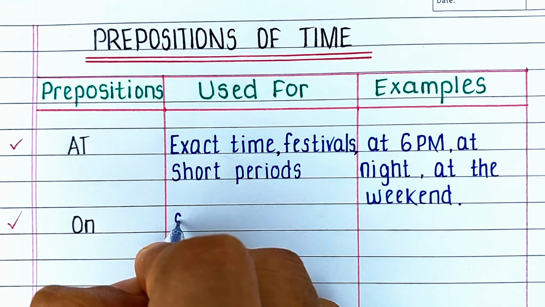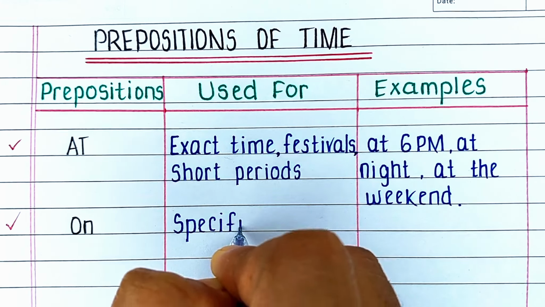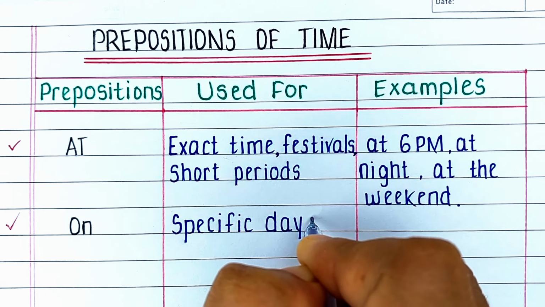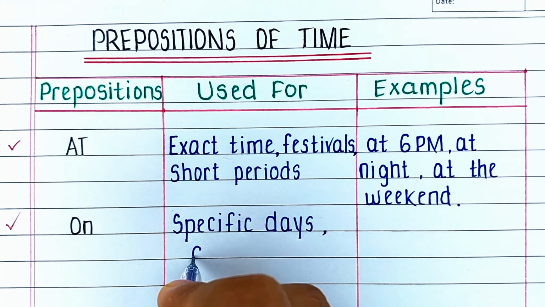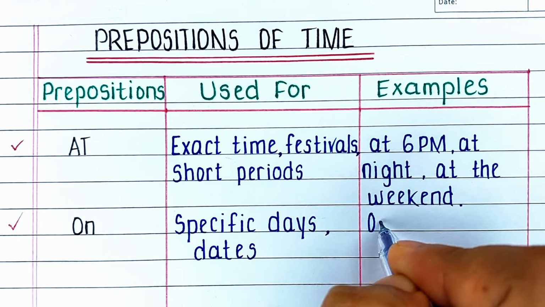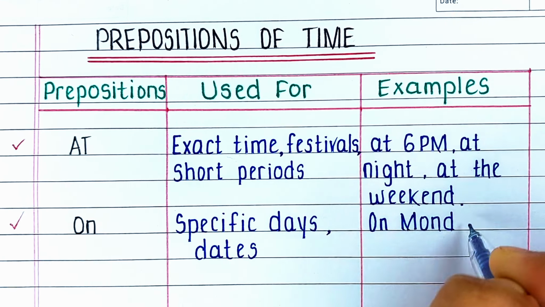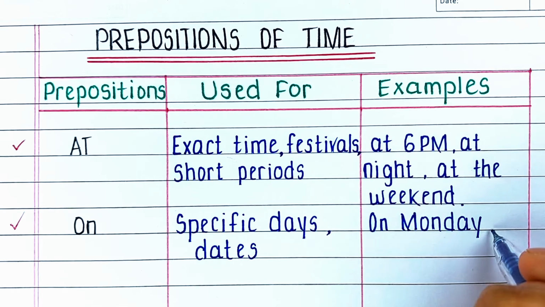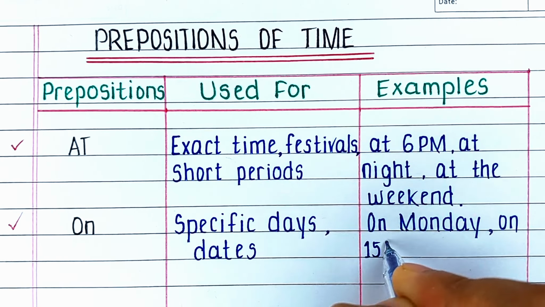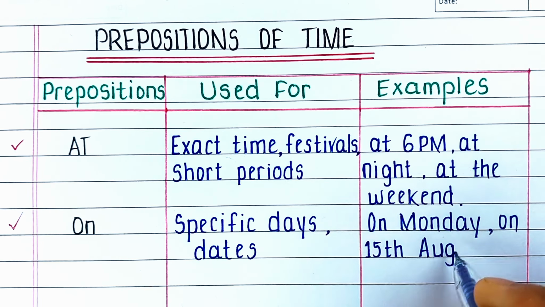Next preposition of time is on. On is used when you indicate something on the calendar. For example, specific days, dates, etc. When I want to indicate a particular day, I'll say on Monday or on Tuesday, like this.